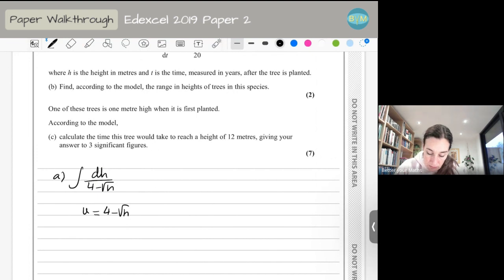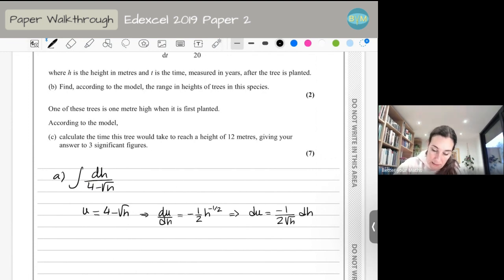For that, I'm going to differentiate, so du by dh is going to be minus 1/2 of h to the power of minus 1/2, and this is h to the power of 1/2. When I differentiate, the 1/2 goes to the front and the power goes down by 1, which means you can write it a bit better. So you have du is minus 1, and I'm going to bring back the h in the denominator with the root symbol, the root h.